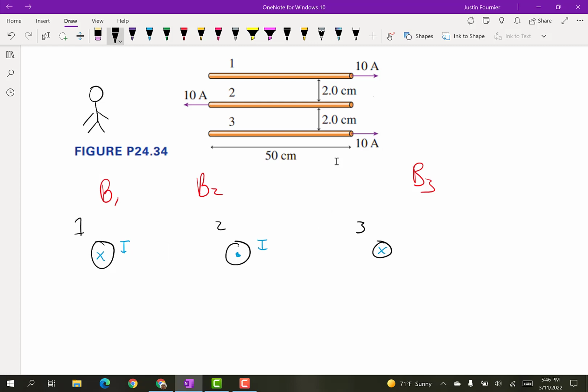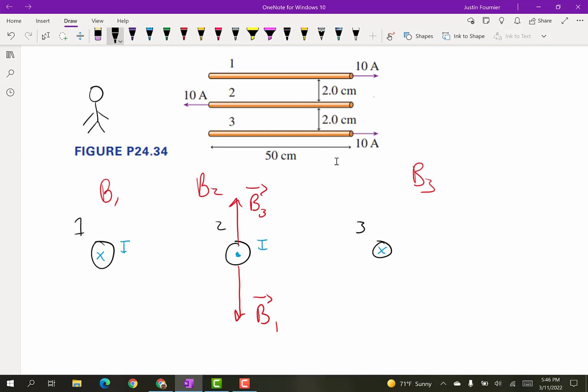Let's start with the magnetic field due to 3. It would be pointing like that, because the magnetic field goes around the wire. The magnetic field due to 1 does the same thing, but in the opposite direction.